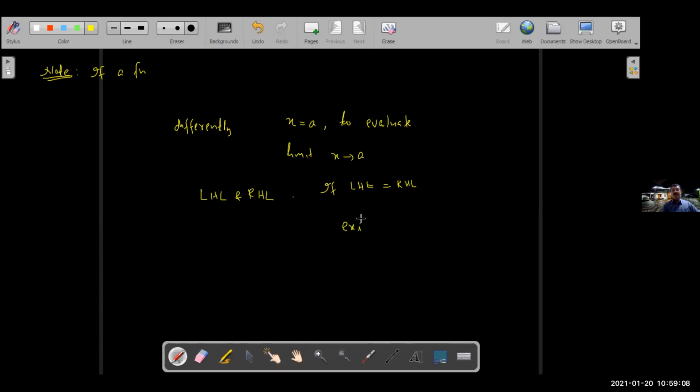Exists means there is a particular value. Otherwise, the limit does not exist.